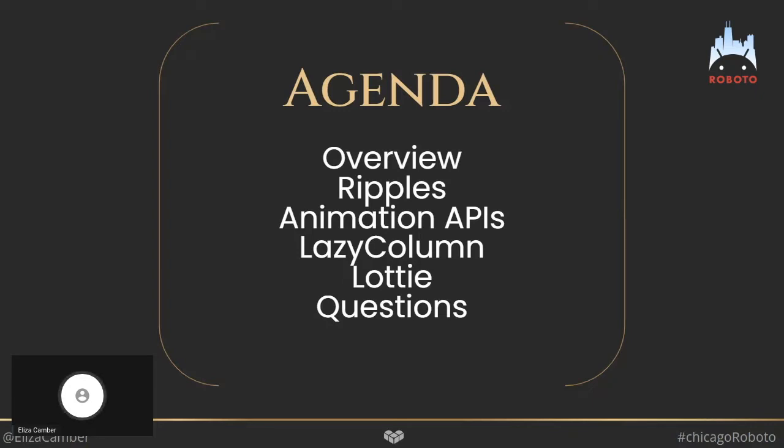Then we're going to start with the most simple one, but also the most important one, which is ripples. We're going to see all of the different animation APIs, and then on top of that some more, like the lazy column animation, the Lottie library, and the animated vector drawables. Hopefully we will have some time for questions, but I will be around anyway.